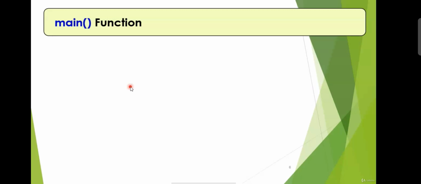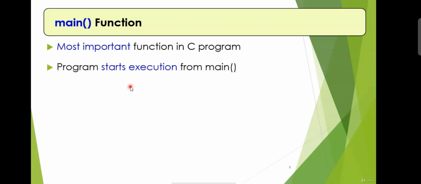Let's discuss the main function in more detail. Main is considered the most important function in a C program. Program execution always starts from the main function. So irrespective of what your first line of code in your program is, execution always starts with the main function.